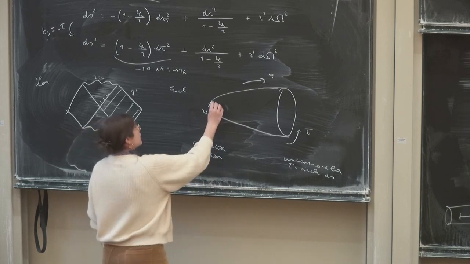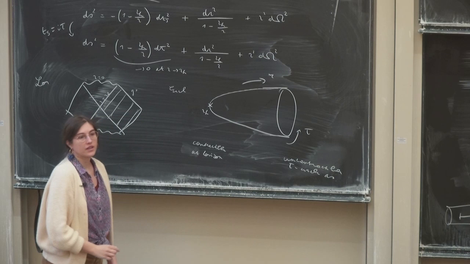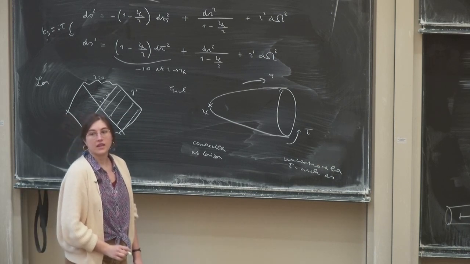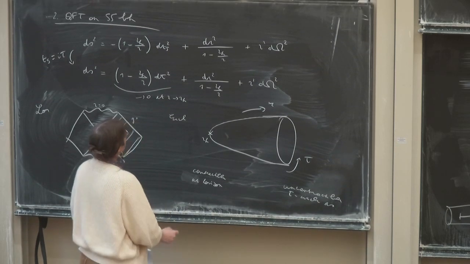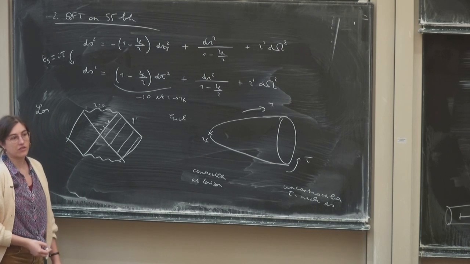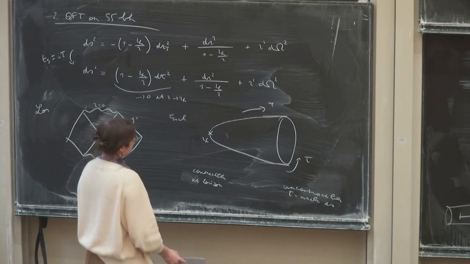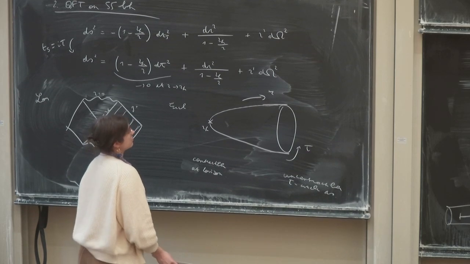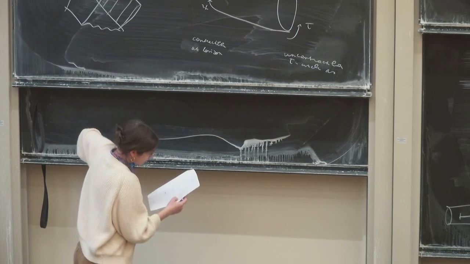And I've drawn this here as a smooth pinching off, but there's no cone. The reason why there's no cone is because I'm going to choose the periodicity of my tau direction such that there is no cone. This is something that we can do in the exercises more explicitly.